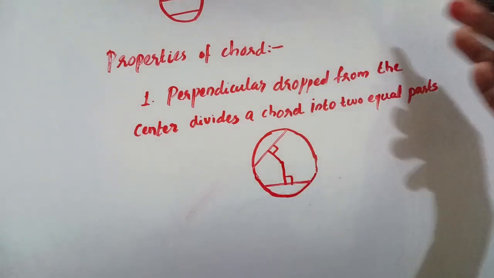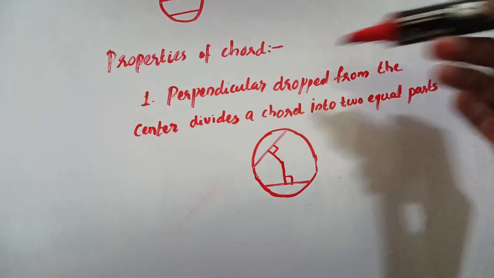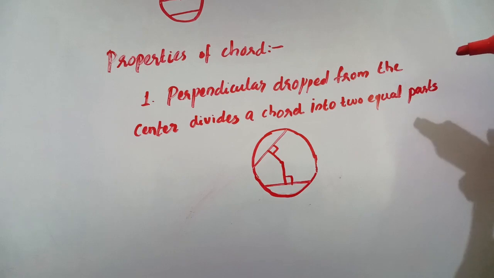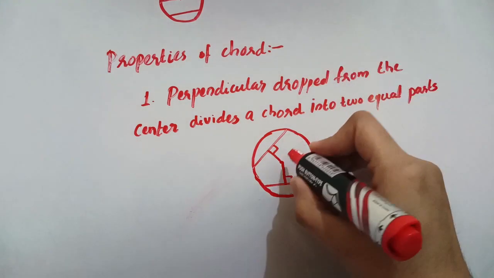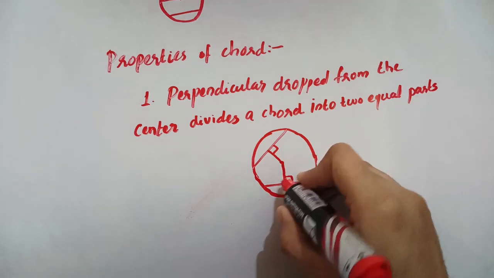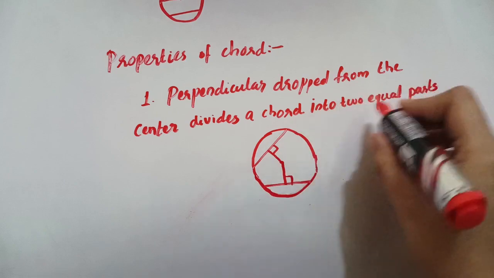Next, properties of a chord. Perpendicular drop from the center divide a chord into two equal parts. That is, if we draw a perpendicular to the chord from center, it divide chord into two equal parts. That is the property of a chord.